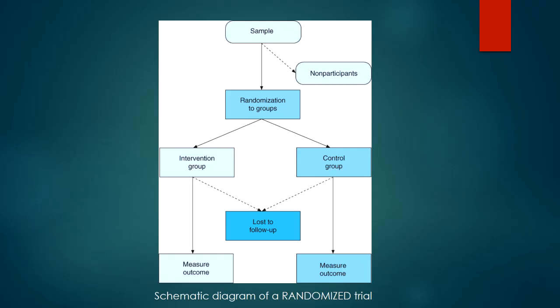And so again, we want to make sure that those that we're losing to follow-up aren't systematically different than people remaining in the study. So this could be another source of potential bias when we're comparing our outcomes between the two groups. So it's important to measure those people and know what the reasons were, if possible, that they left the study early.